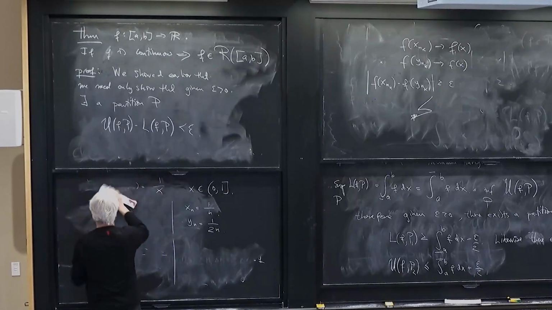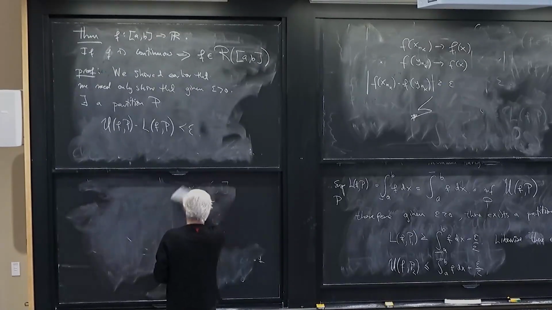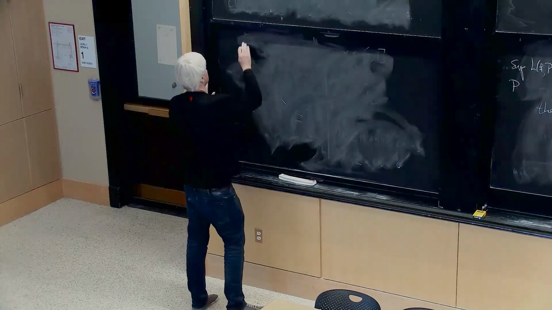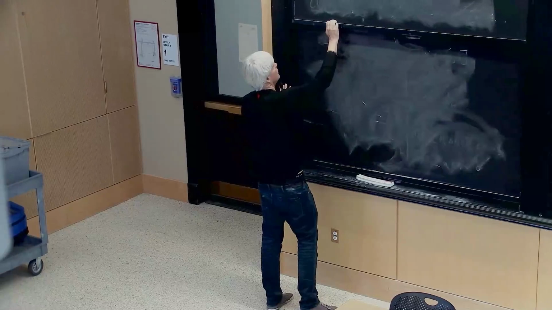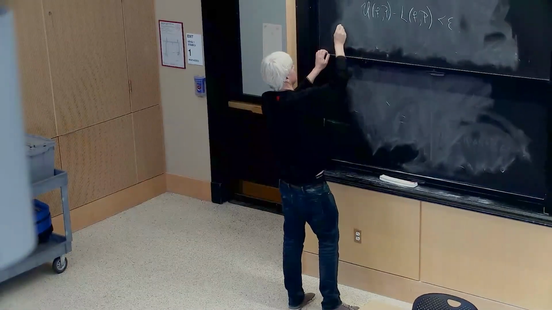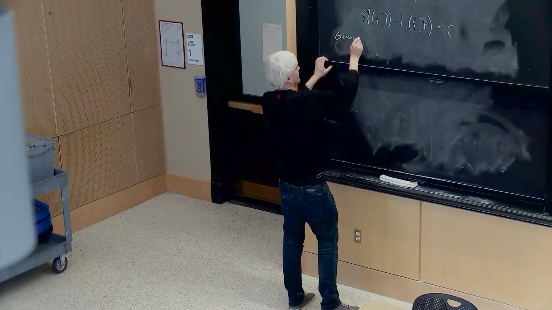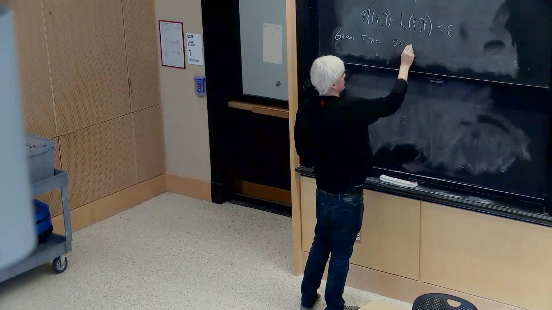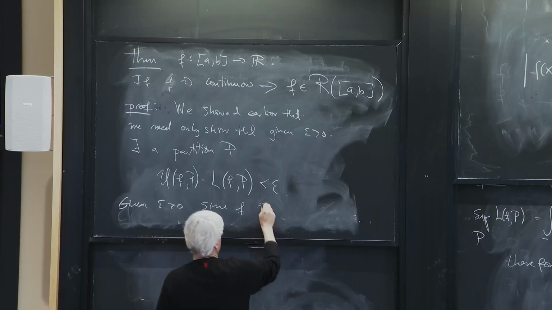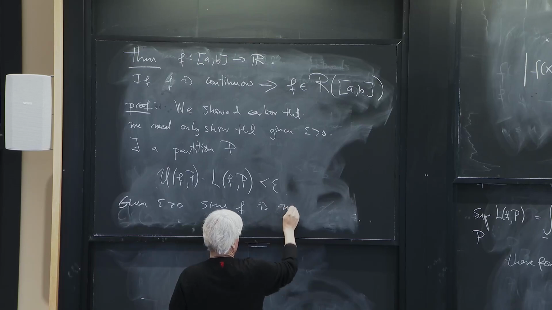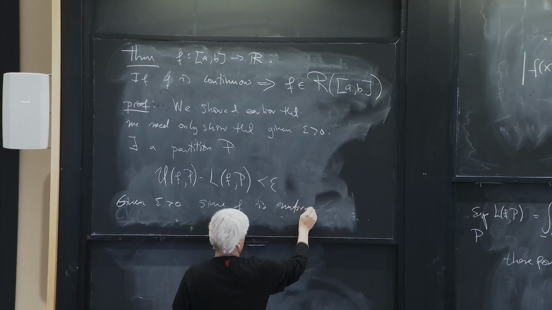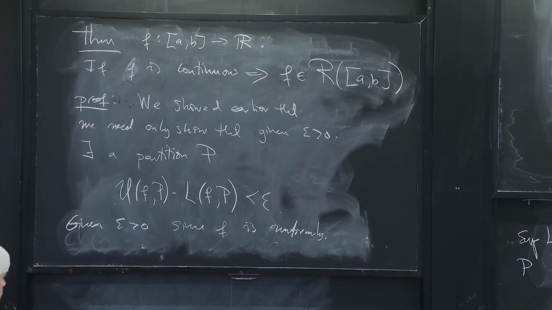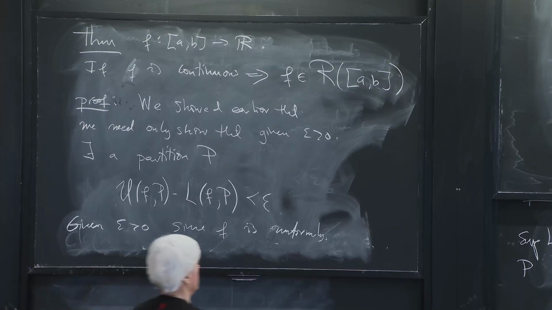Now, given epsilon greater than 0, since f is uniformly continuous, right? So actually we're using that if it is continuous on this compact interval, it's also uniformly continuous.